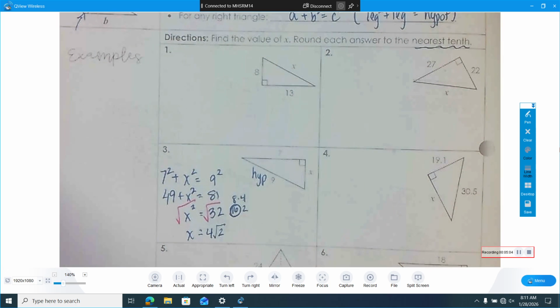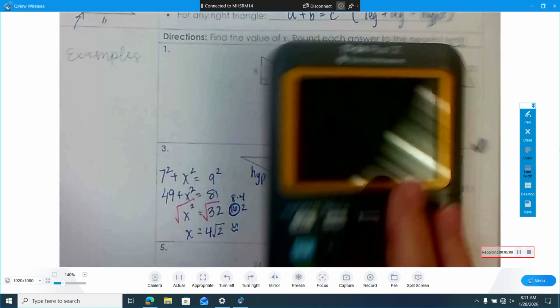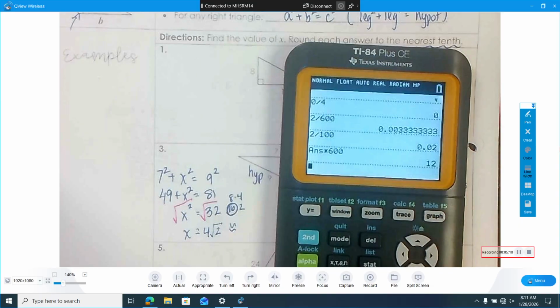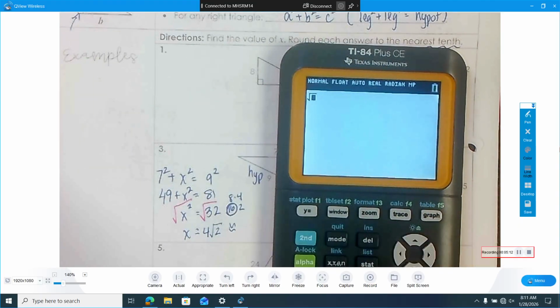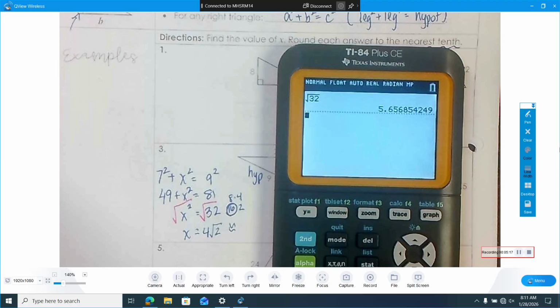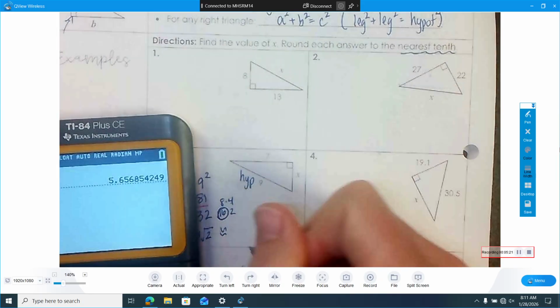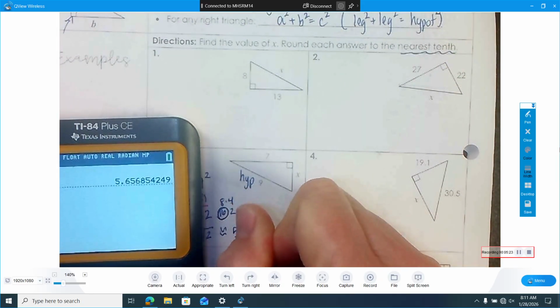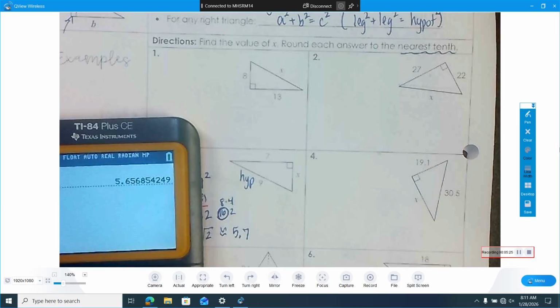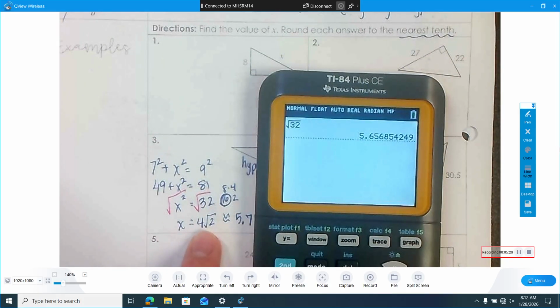So 4 radical 2 is the exact answer, but if you put it in your calculator, and this is a great way to double check as well. So the square root of 32 is 5.65, and if we round it to the nearest tenth, Katie, what did you say we get? 5.7, beautiful. Approximately 5.7, but also want to see if 4 radical 2 gives me the same approximation.